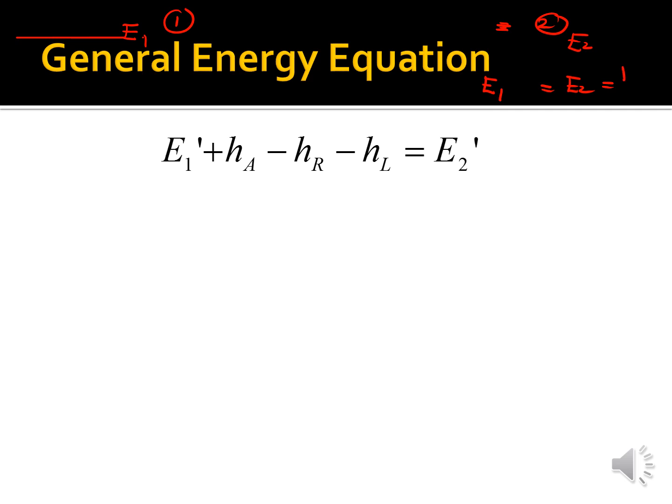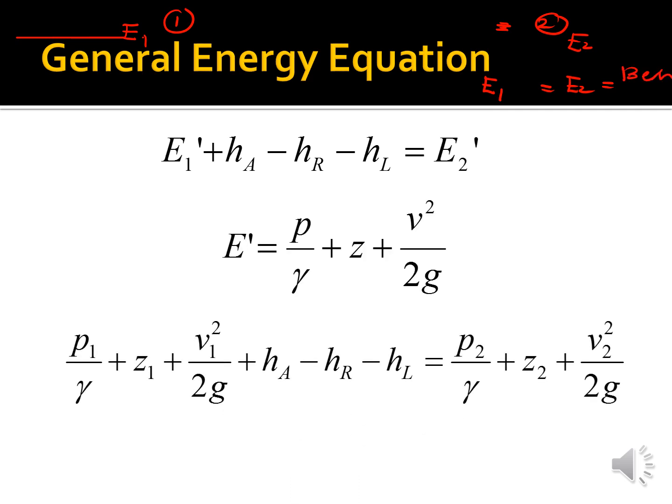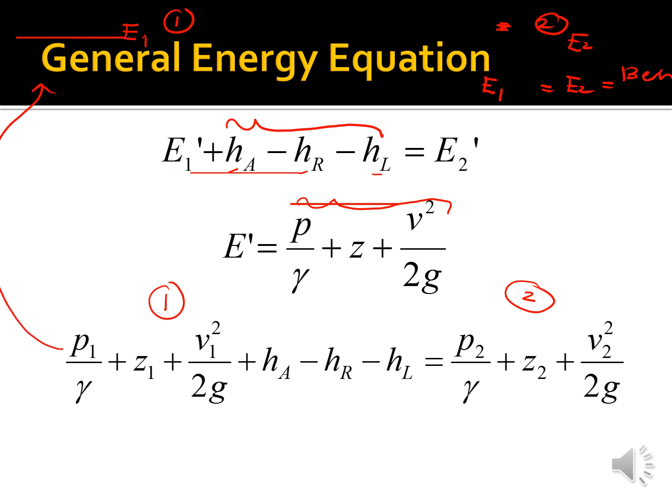But for the general energy equation, we add three more terms, the addition of energy, the removal of energy, and the loss of energy, and then it becomes E2. Since we know the energy possessed by the system is this term, if we rewrite the equation at point 1 and at point 2, there we go, we will have the general energy equation.